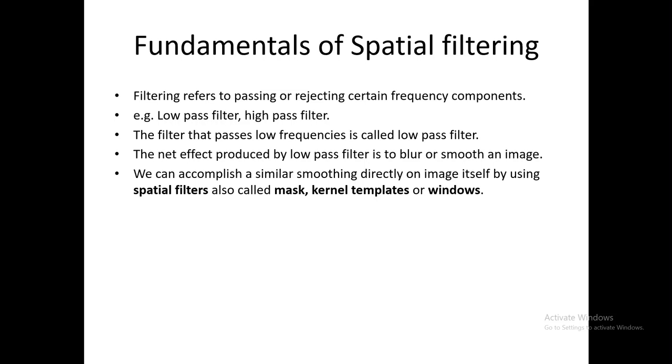So we can accomplish a similar smoothing directly on the image itself by using a special filter, which is also known as a mask, kernel or window. Here we will refer to our filter as a spatial filter.